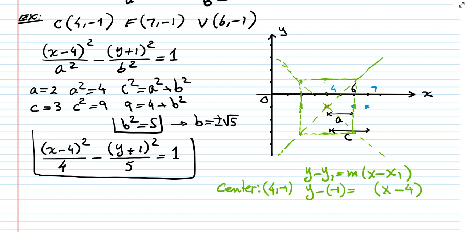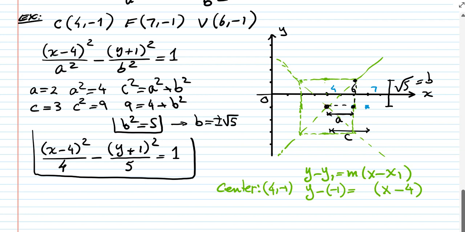Now, how do I find the slope? The slope from the center to the corner of the box is going to be rise over run. The rise is this much, right? That's the rise, which is b. b is the rise here. That's square root of 5. Correct? The run, as you can see, is a.